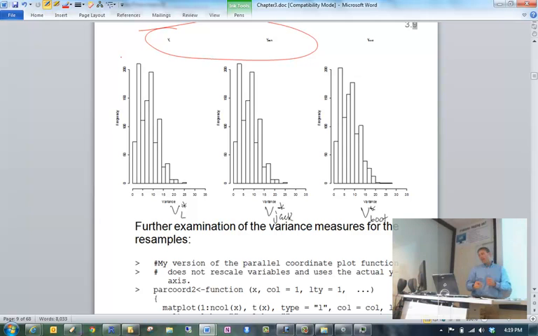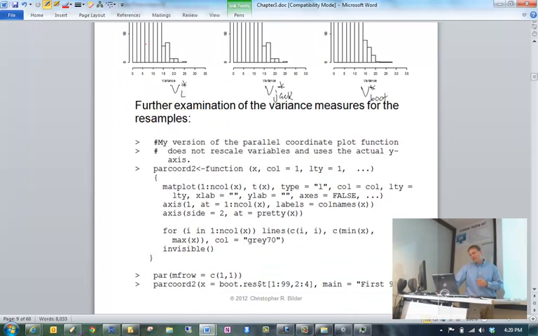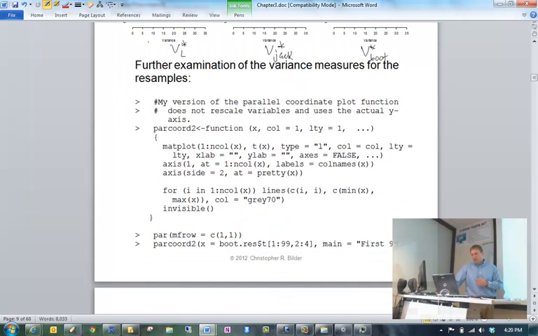But let's even go further. I got this idea from a paper that I did a few years ago, where I had a number of different estimators. I wanted to see, for every single simulated data set that I'm applying these estimators to, are the estimators similar?